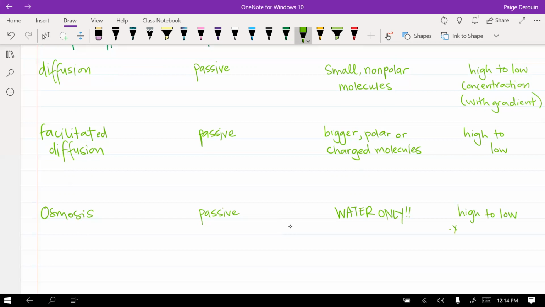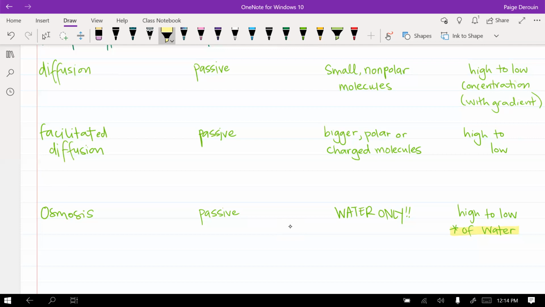And I'm going to say like star of water, which remember matters because where there's more water, there's less salt. And where there's less salt, there's more water. So it's important to know that it's moving towards the lower concentration of water, not the lower concentration of salt.